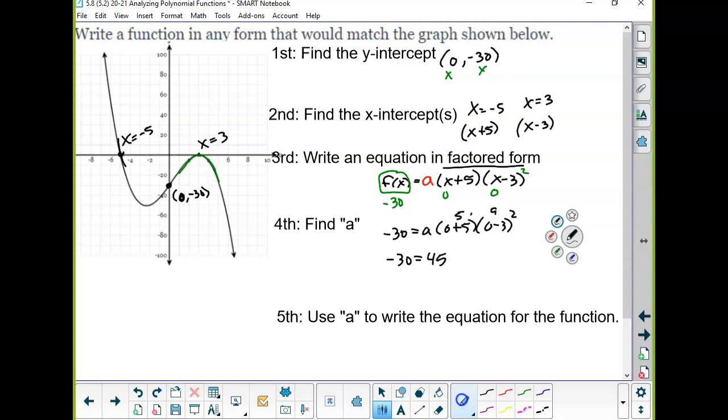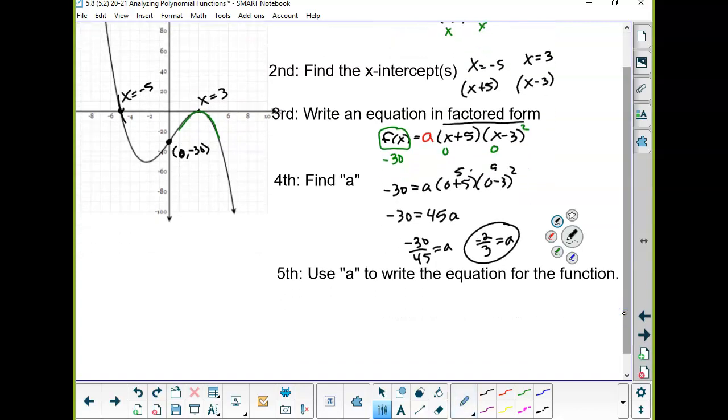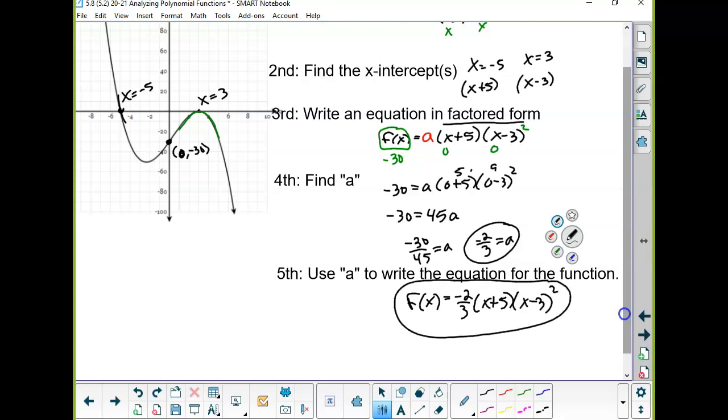So I'll get 5 times 9, which is 45, times a. And then I'll divide by 45. And you could divide those by 15. So we get -2/3. And it's pure coincidence that this -2/3 is the same as the last example. But then I'll write my answer. And there you go.